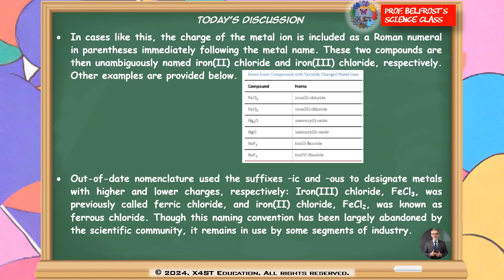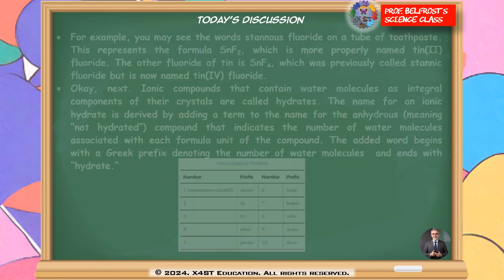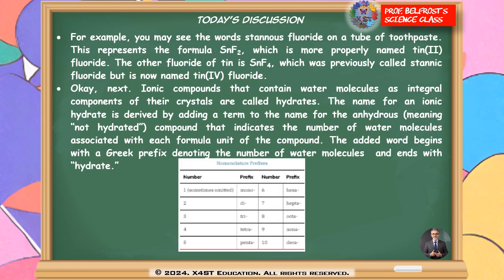This has been largely abandoned, but it's still used in some industries, so you still need to memorize some of the commonly used names in industry. For example, SnF2 is tin(II) fluoride, and SnF4 is tin(IV) fluoride, but previously they were called stannous fluoride and stannic fluoride. Sometimes it's still used today.